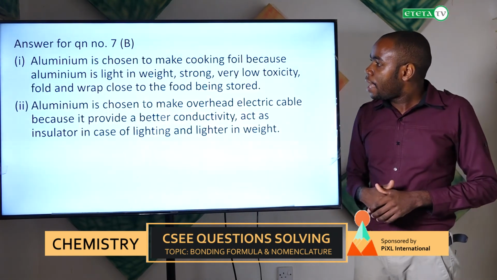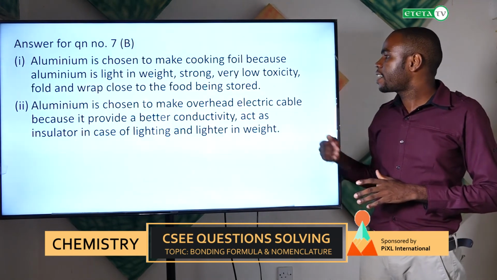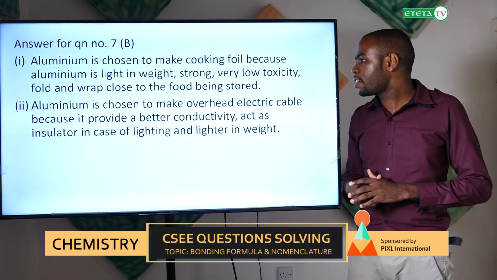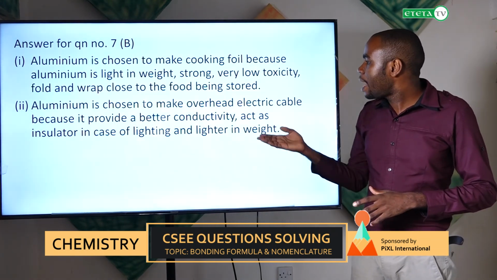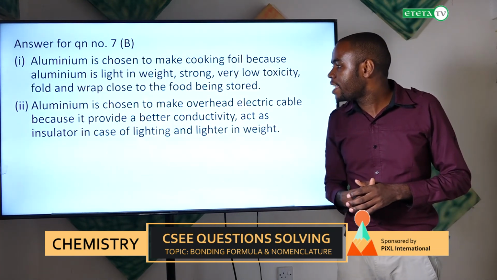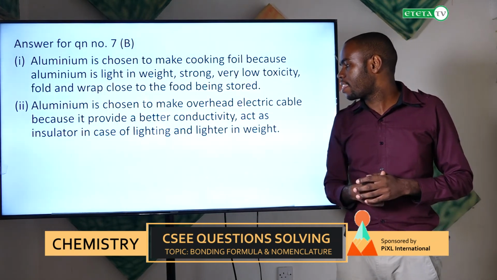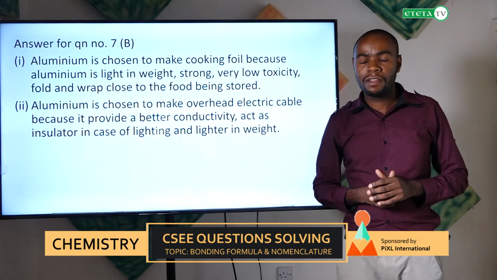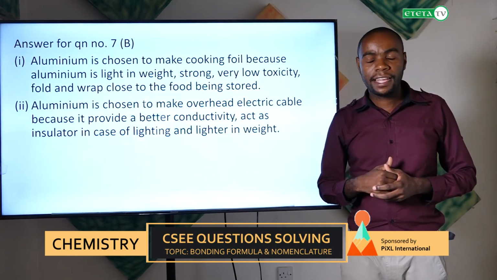Roman 2: aluminium is chosen to make overhead electric cable because it provides better conductivity. The first thing, it provides better conductivity. Also, aluminium acts as an insulator in case of lightning, and it is lighter in weight. So this is the reason why aluminium is chosen for making overhead electric cable.